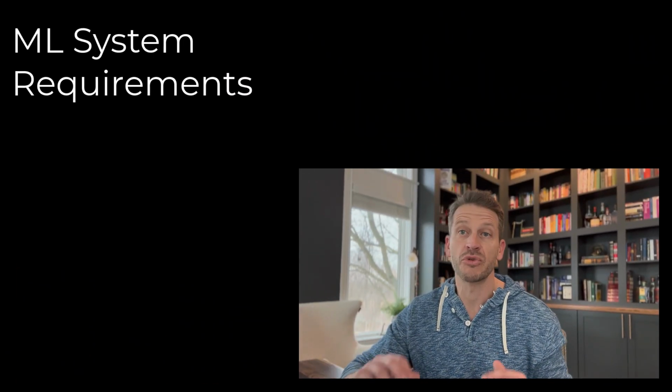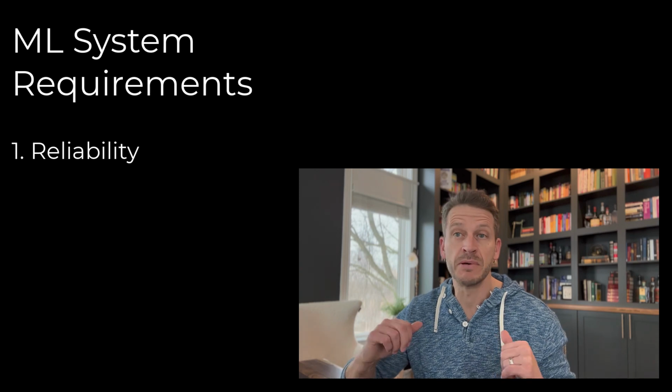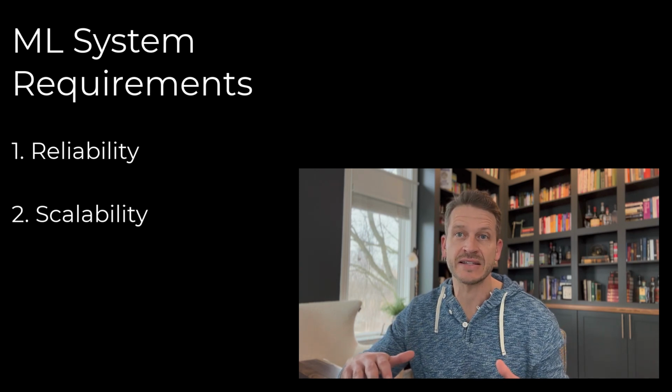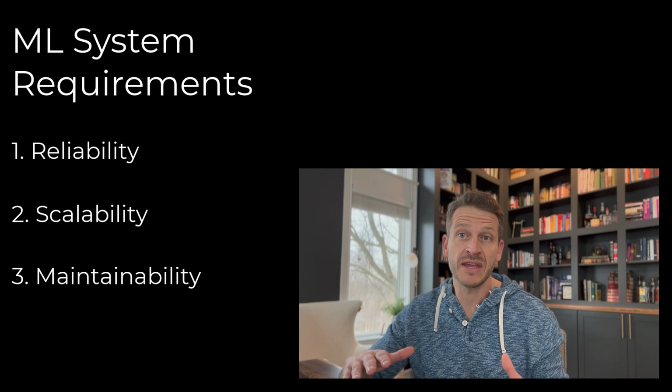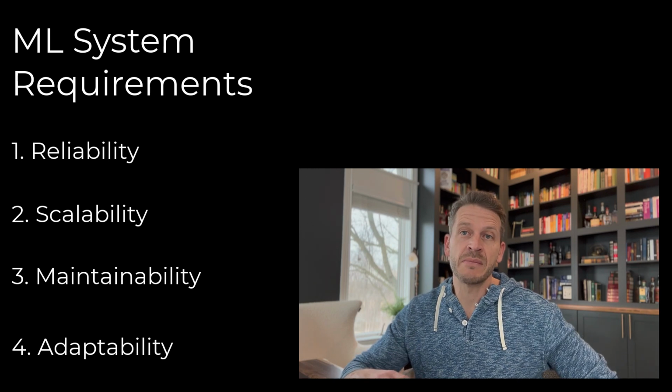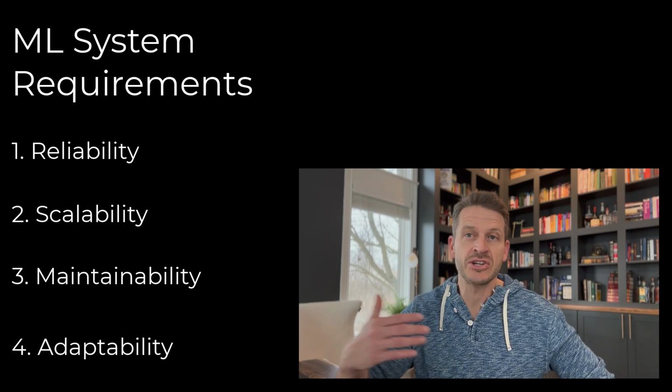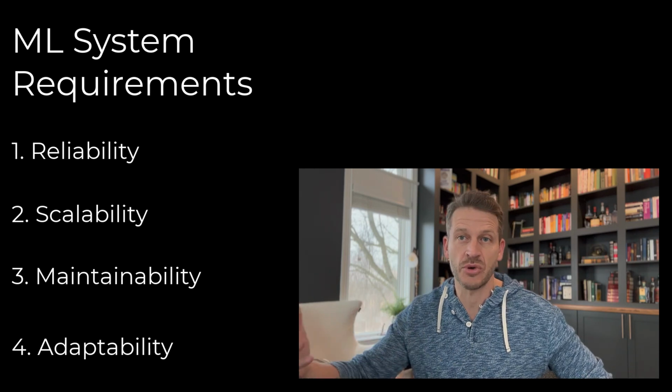And the specified requirements can generally be summarized into 4 requirements: reliability of the ML system, the ability of that ML system to scale as necessary, the maintainability of the ML system, and the ability of the ML system to adapt as changes occur in the data or the business requirements. We'll talk more about these requirements later on, but just realize that these are the 4 fundamental concepts that should be at the top of our mind when putting an algorithm into production.